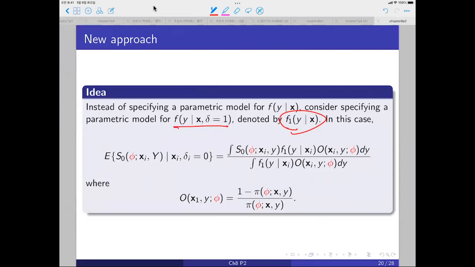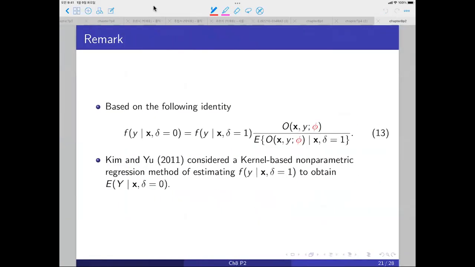The argument is that F1 is relatively easy to compute; at least you can validate it from the observed data. So basically we can write it this way: y given x, delta equal to 0 is y given x and delta equal to 1 times the ratio, and normalized. That is in our paper in JASA.